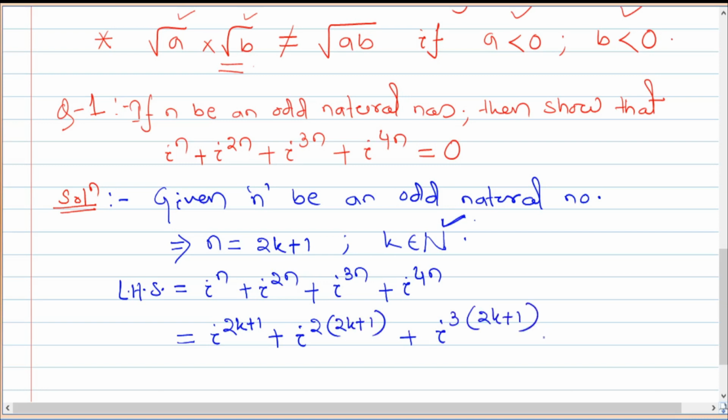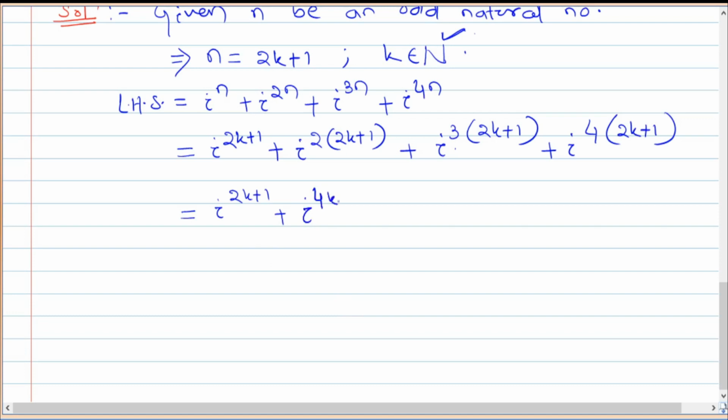N should be replaced by 2k plus 1. That is i to power 2k plus 1, i to power 4k plus 2, i to power 6k plus 3, plus i to power 8k plus 4.